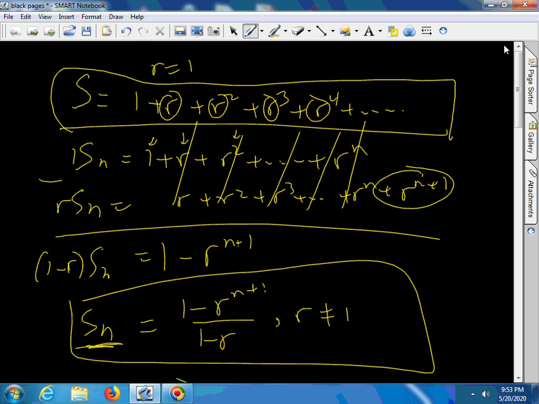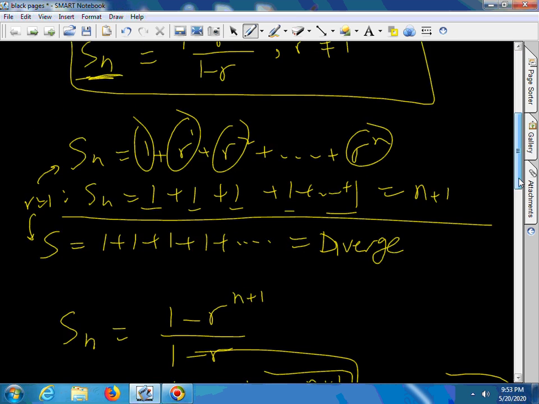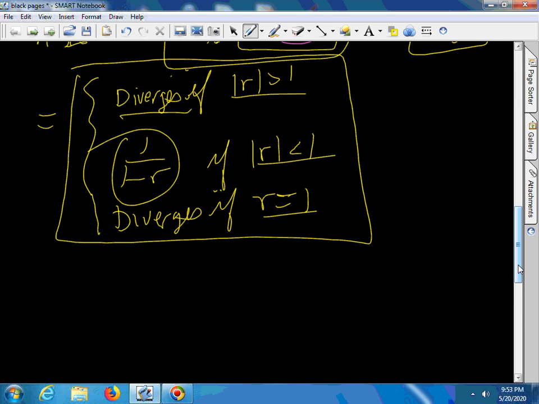If r is bigger than 1 in absolute value, it will not converge, and if r is less than 1 in absolute value, not only will it converge, but we can even say that it's going to converge to 1 over 1 minus r. Pretty neat. This completes this video.